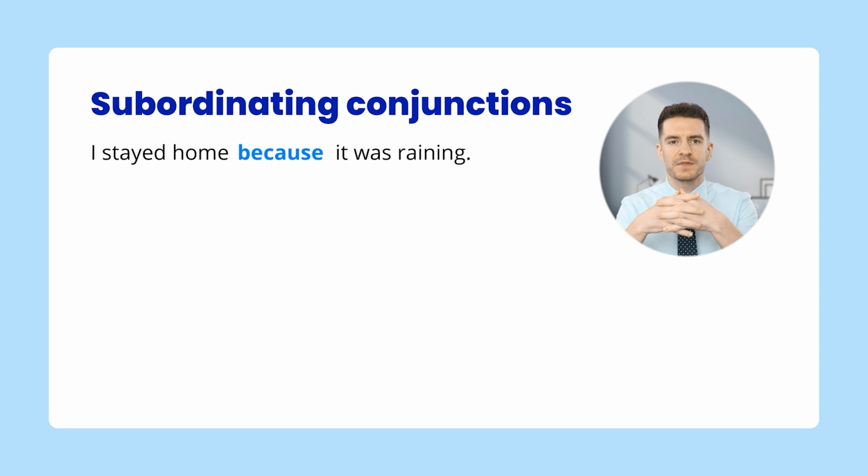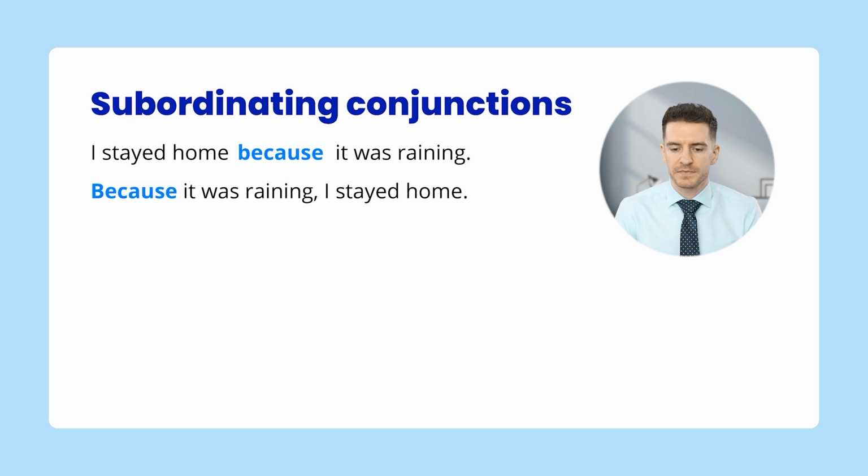It's joining these two ideas together. Now, you see here that because is in the middle of a sentence, but we can also swap that and change it around a little bit and put because at the start. Because it was raining, I stayed home. Now, both sentences have the same meaning. We're just putting because in a different place.